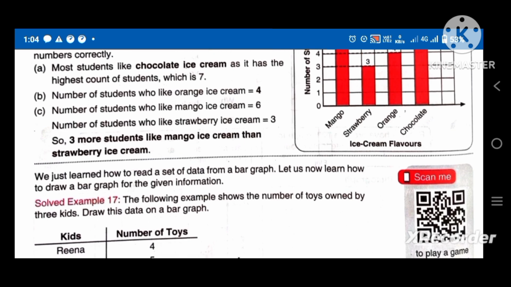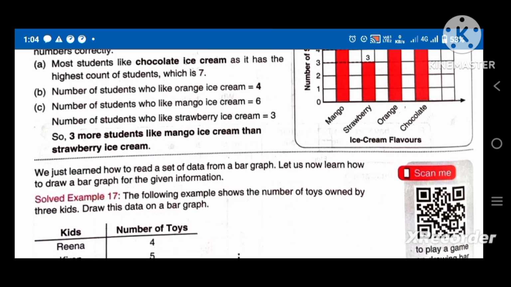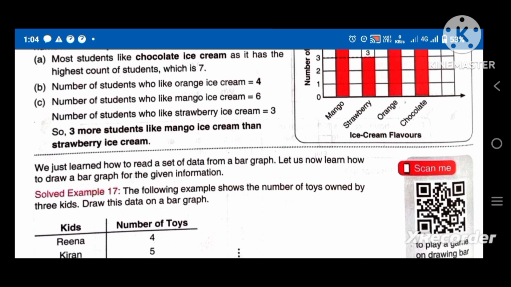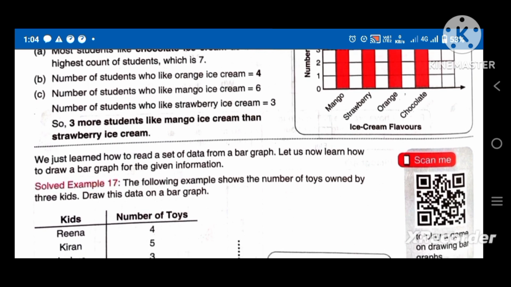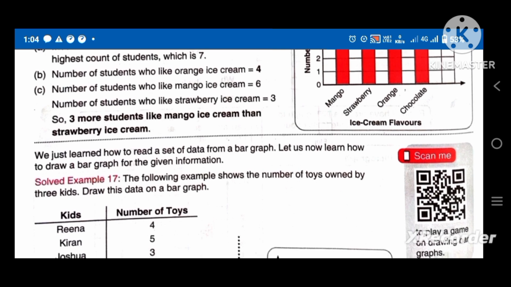Solved example 17. The following example shows the number of toys owned by 3 kids. Draw this data on a bar graph.